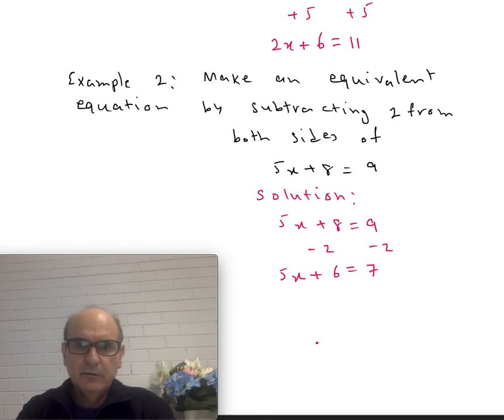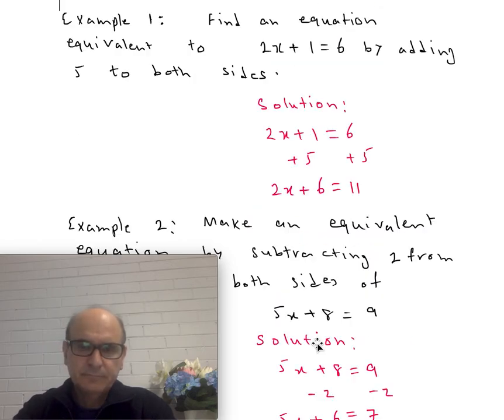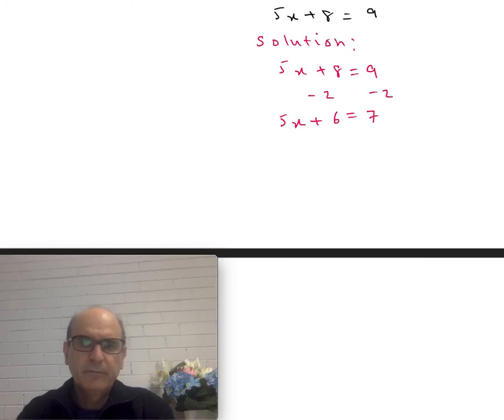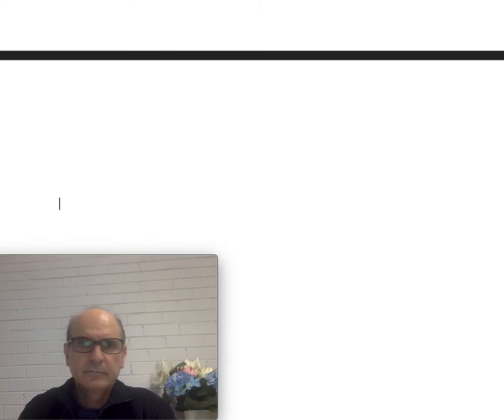We can also times both sides by a given number. So, example 3.